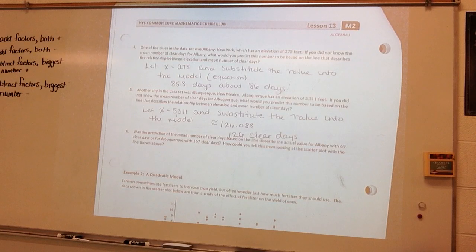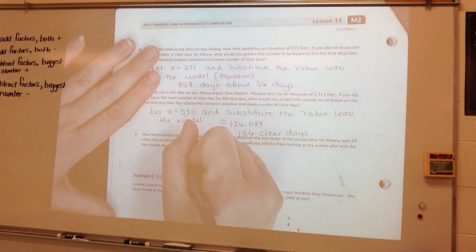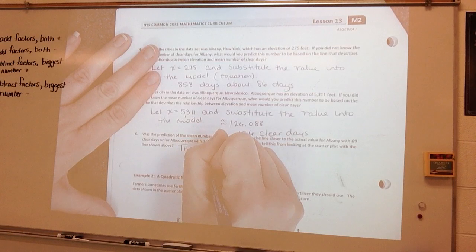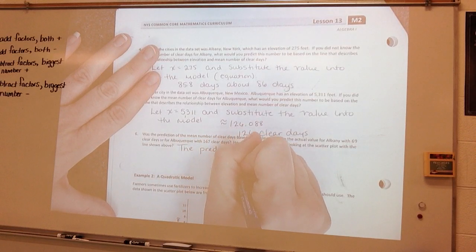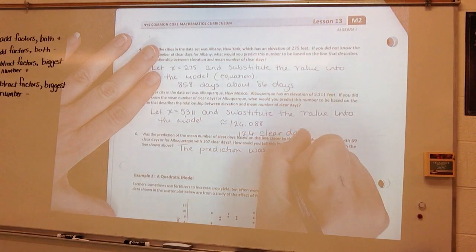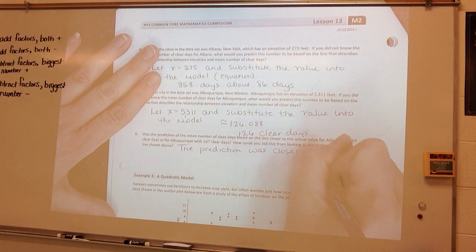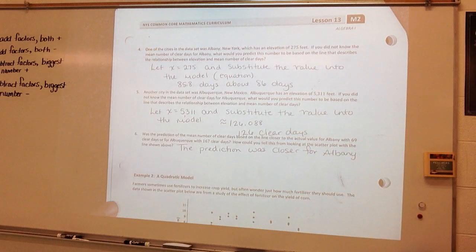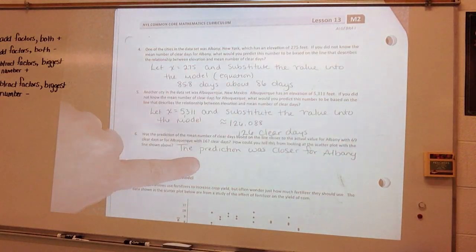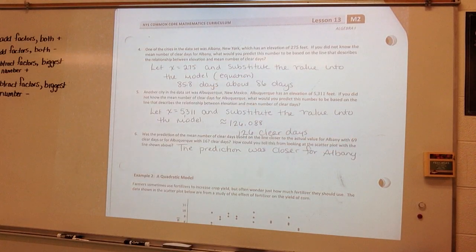Well, the prediction was closer for Albany than it was for Albuquerque. They predicted 69 clear days and we got 86, whereas for Albuquerque, they predicted 167 and we got 126.